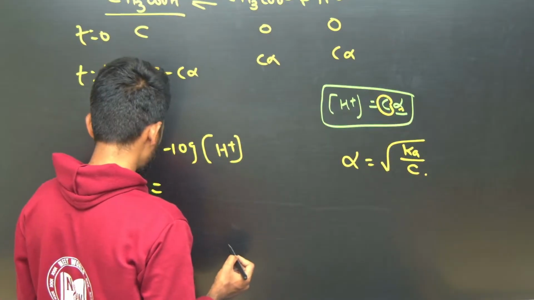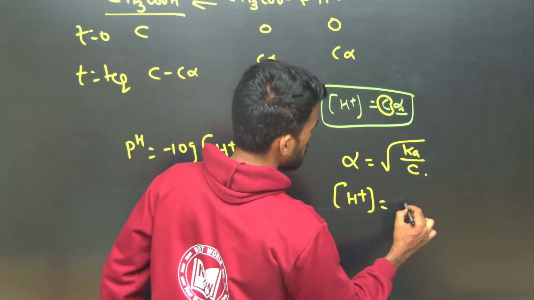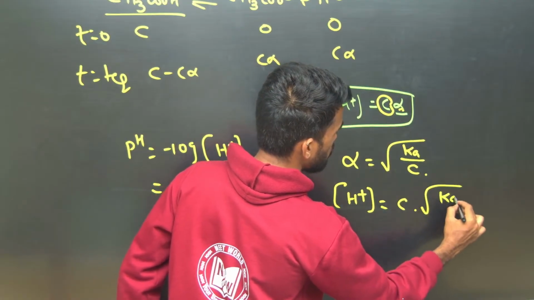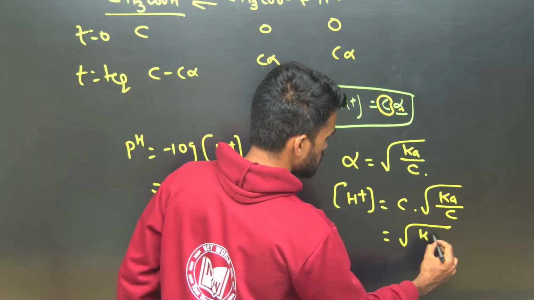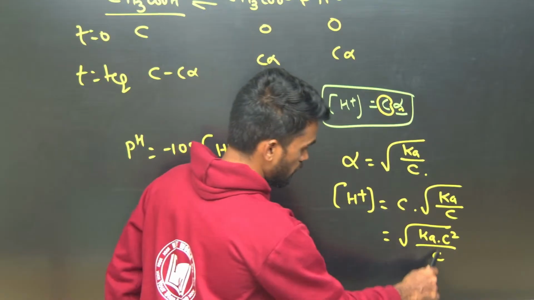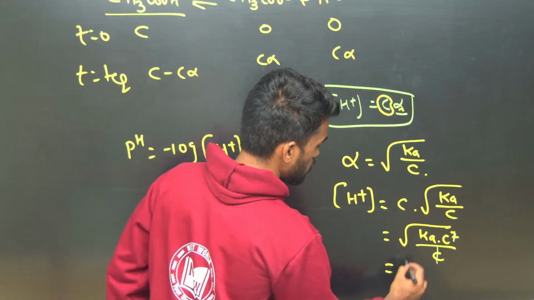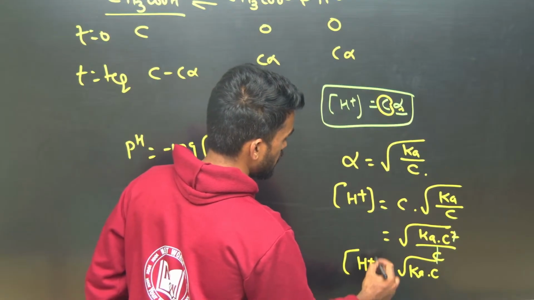Try to simplify that. The concentration of H plus ion now becomes C into root over Ka by C. Now you can write this as root over C square by C times Ka, I can remove this, so we get root over Ka into C. This will be the concentration of H plus. Yes.